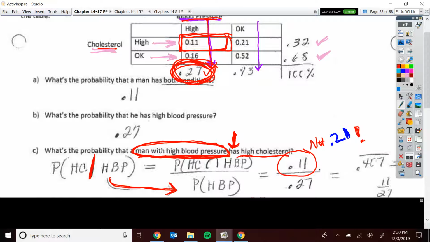So if you wrote 0.21 here, that's wrong. Maybe you put 0.32, which you probably wouldn't have, because that's bigger than it. But if this had been a smaller number, you might have.